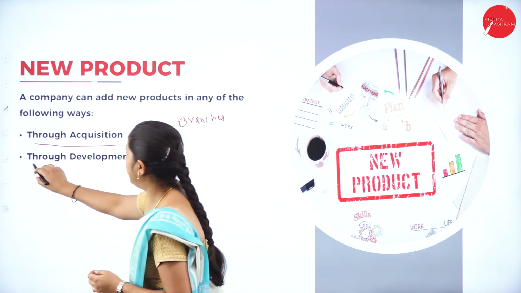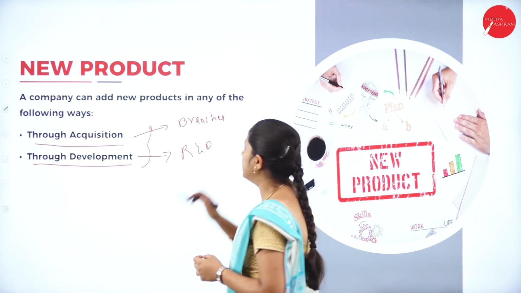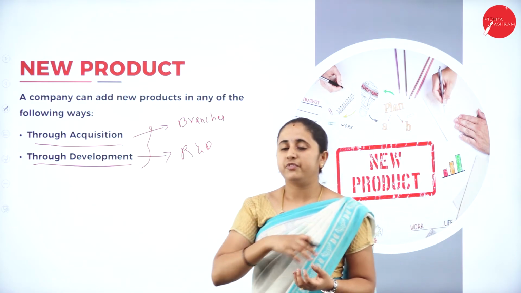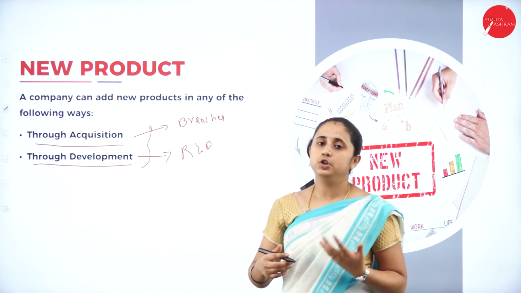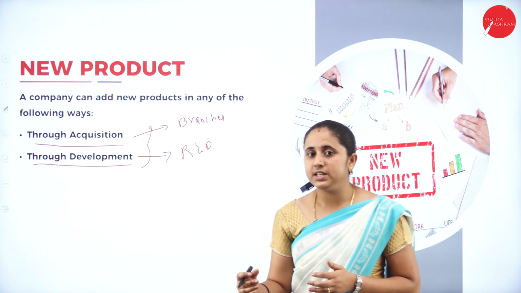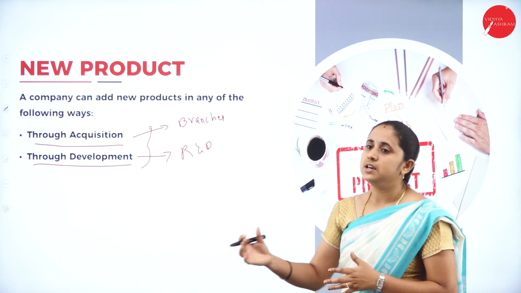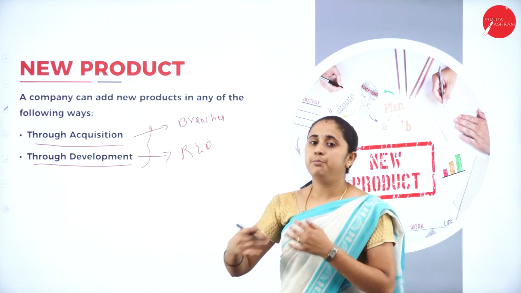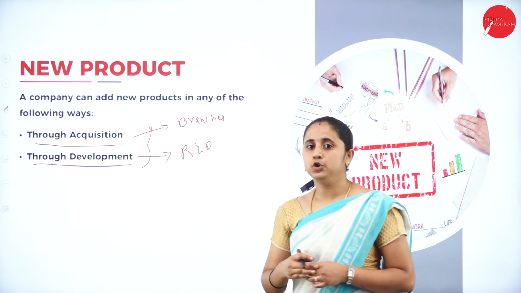Then through development. Through development means research and development within the company. From the internal department, they can research and develop a new product, or else from external companies they can get ideas, improve and implement that idea and start producing a new product.